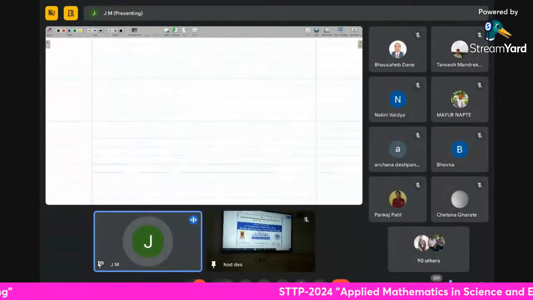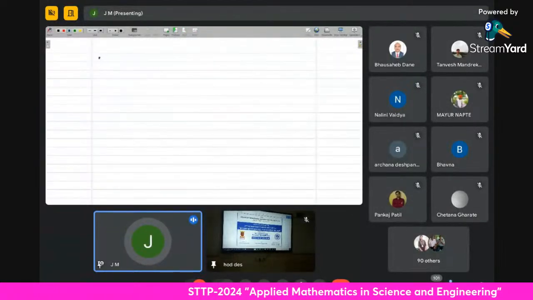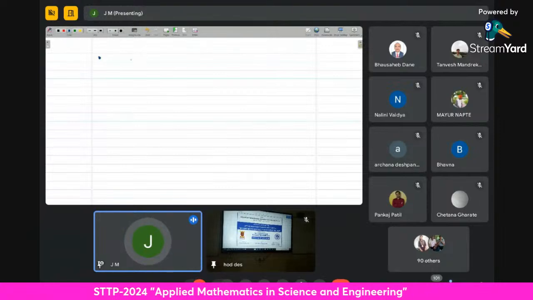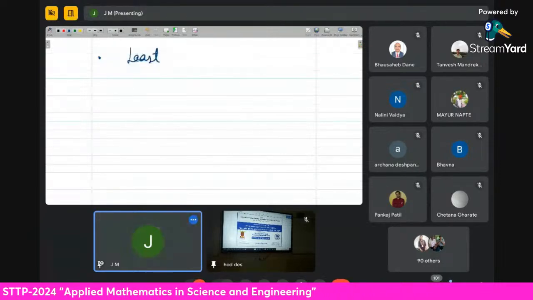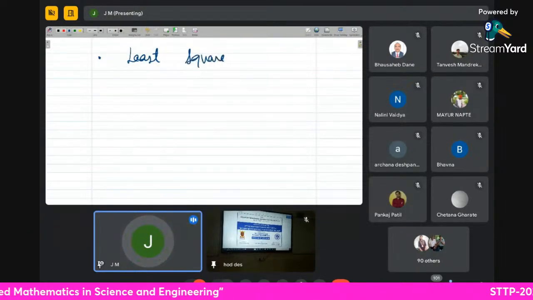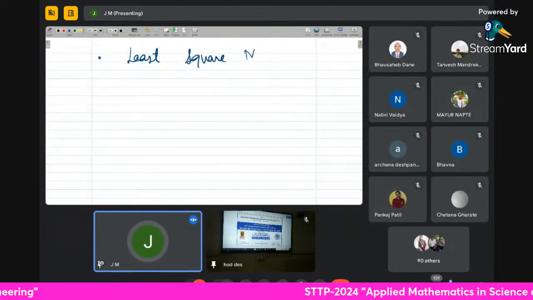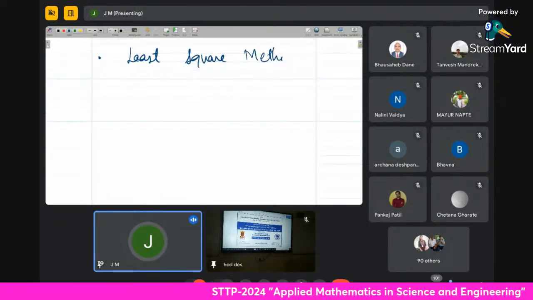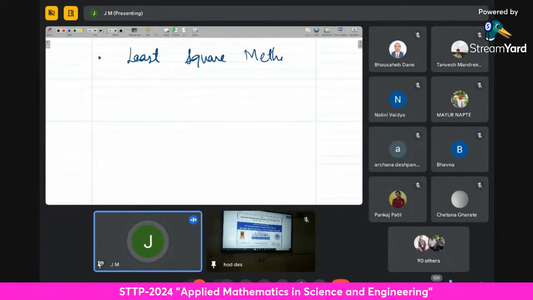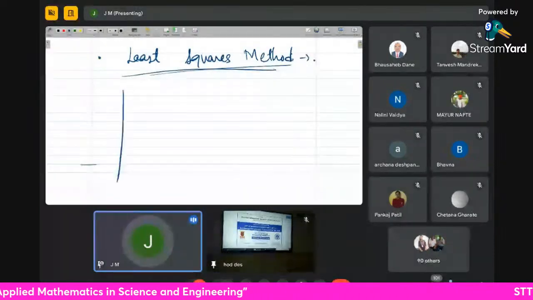Yeah, let me tell you one last point over here. The last thing is about the least square method. I assume that you have studied regression. Before coming to this, why is the least square method important? Why do we use it?